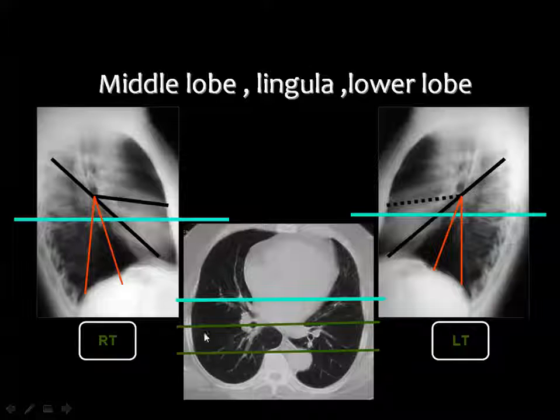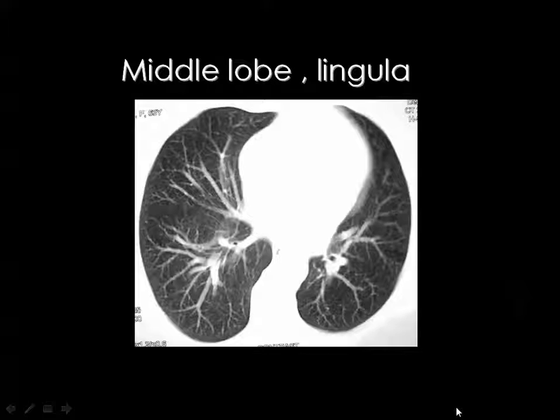But on the right side, there should be medial and lateral, and this is the medial segment. This very small segment, which is not seen on the left side, represents the medial segment of the lower lobe. Then you have anterior, posterior, medial and lateral on the right side. Anterior, posterior, lateral only on the left side.